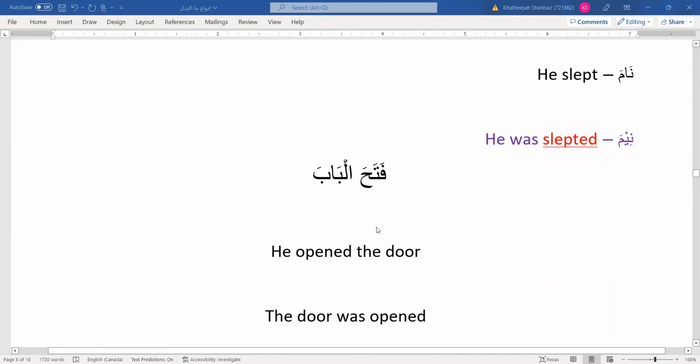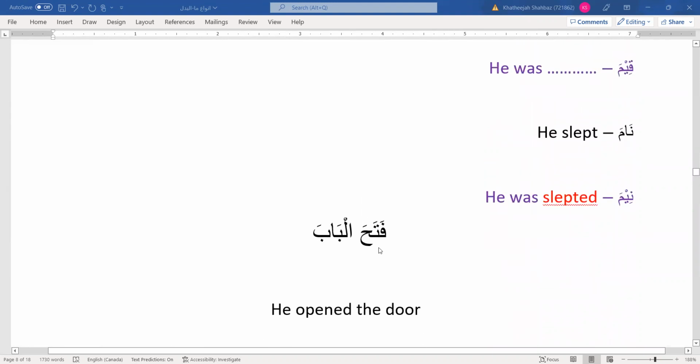Fataha al-baba, what does it mean? He opened the door. How can we make it passive?